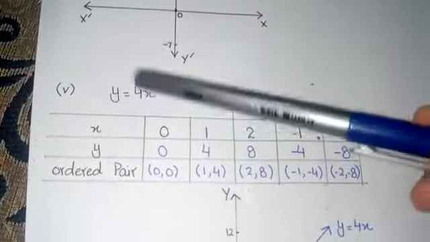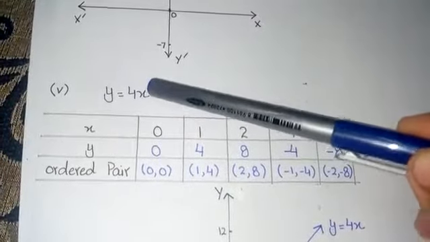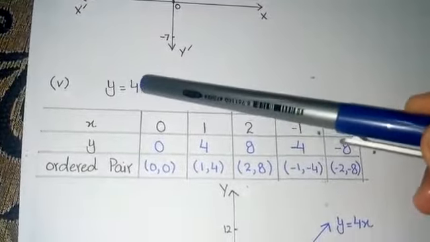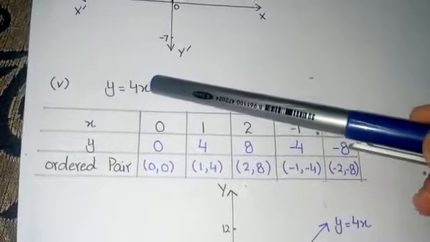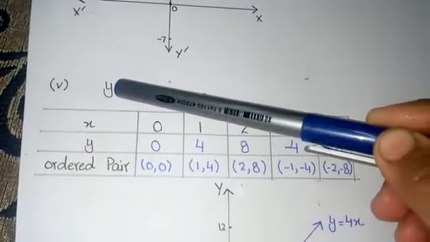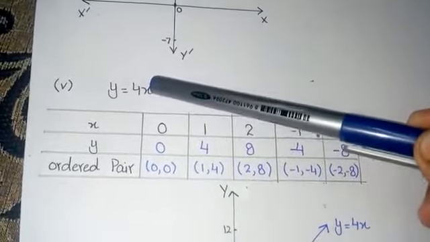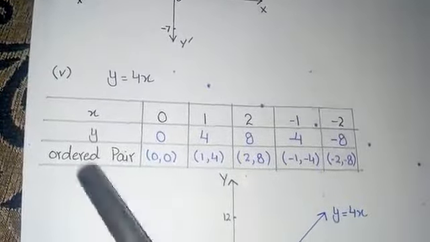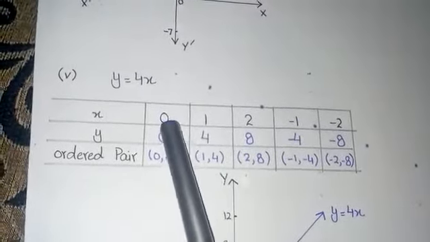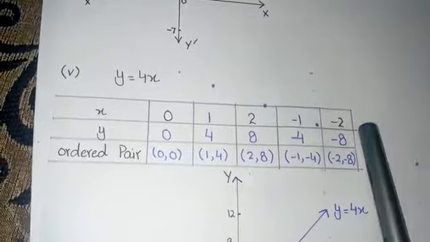Here you can see the value of y is bound by this 4. So x is the independent variable and y is dependent on the values of x. So here the values of x we will suppose 0, 1, 2, minus 1 and minus 2.